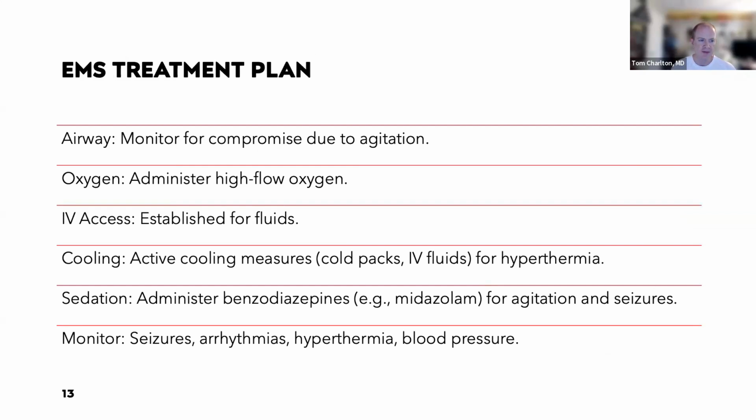We should try and get IV access if the patient will tolerate it. These folks will be very tachycardic. Having some fluids on board can help somewhat with that tachycardia, but it also tends to help prevent any downstream effects such as rhabdo, where your body begins to literally digest its own muscles for energy.